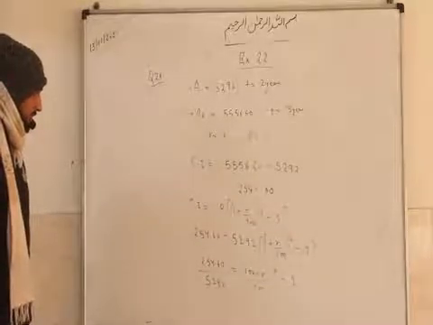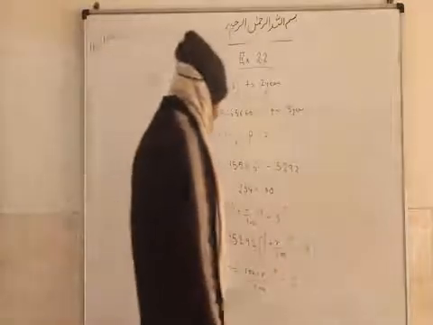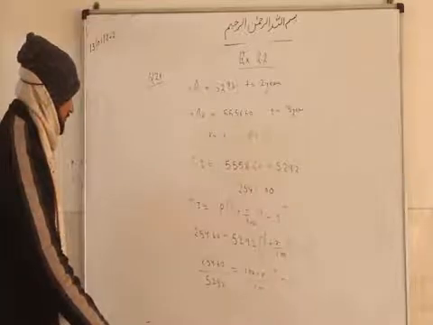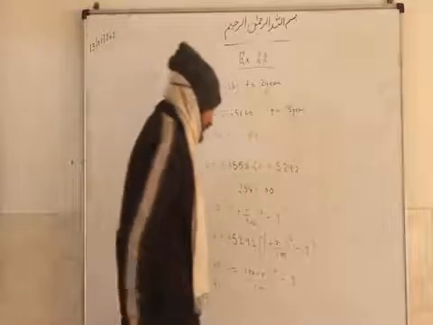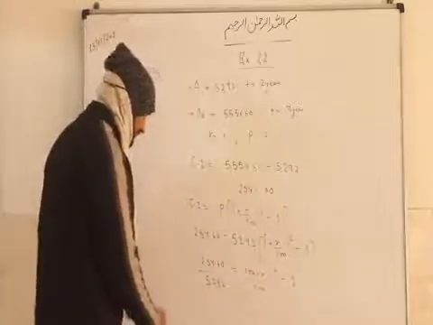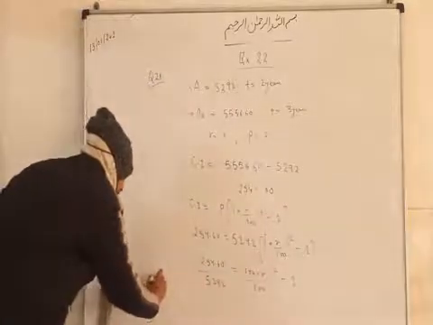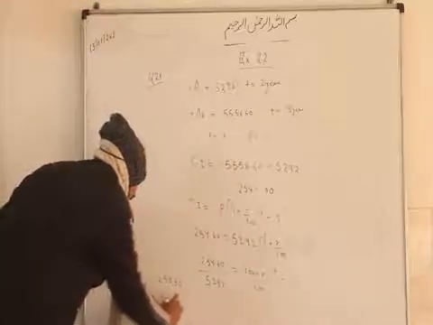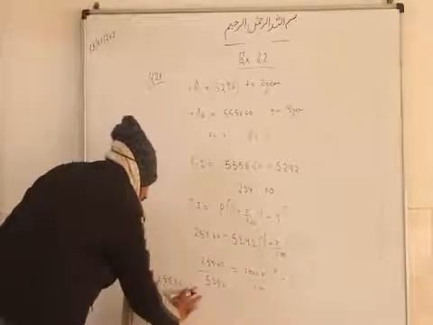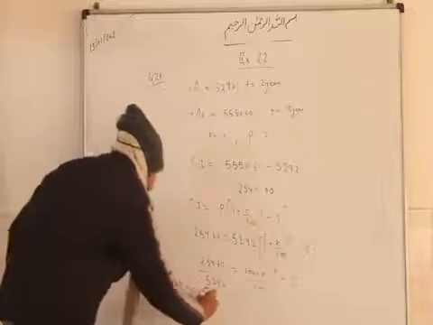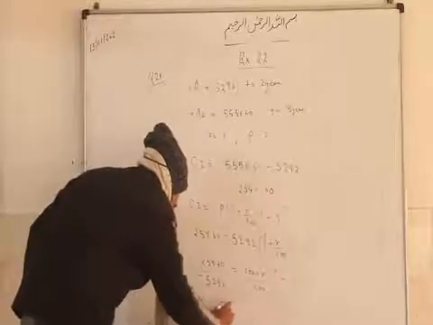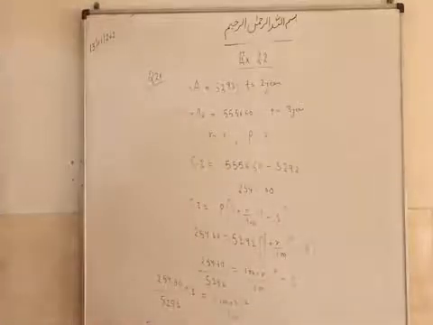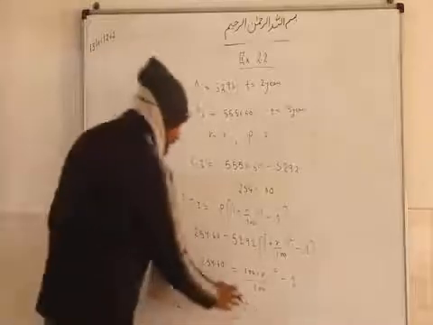Just a minute. We have to calculate, so this one will come here. 264.60 divided by 5292 plus 1 is equal to 100 plus r by 100. Sorry, this will be 1.